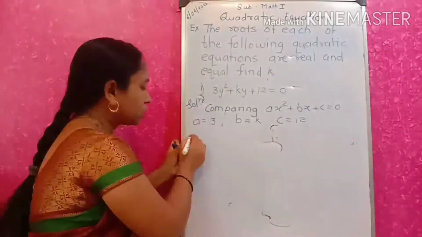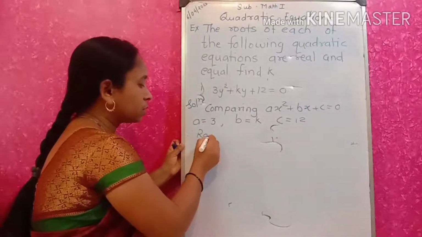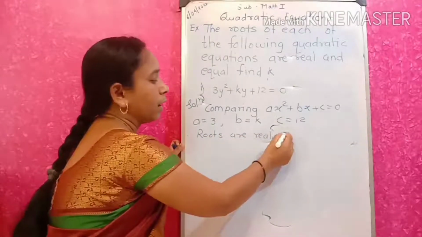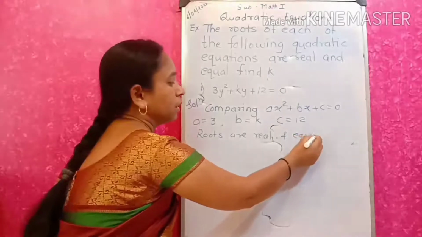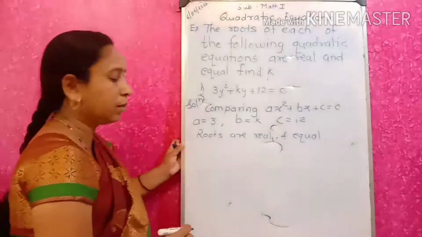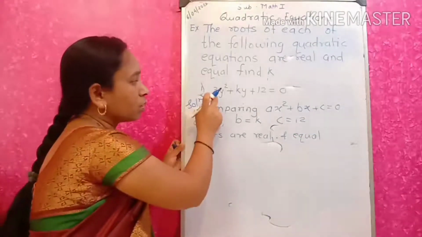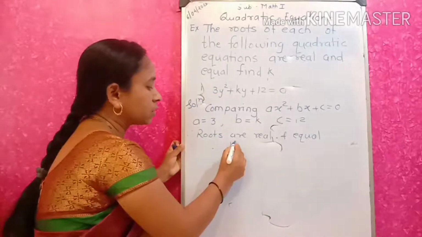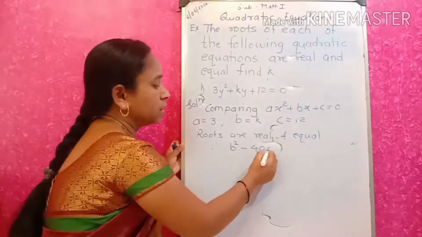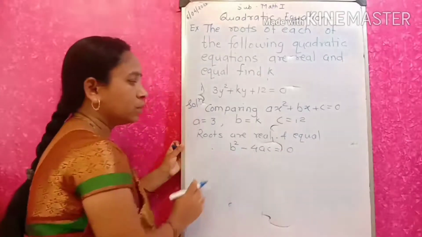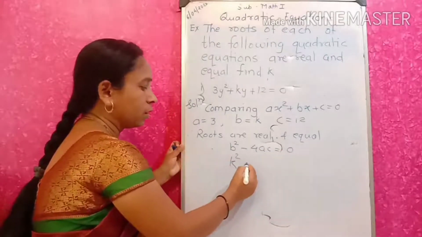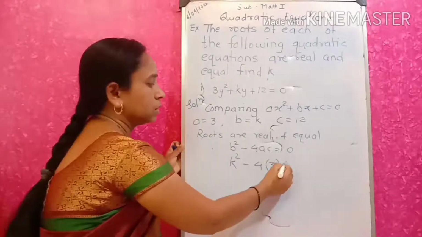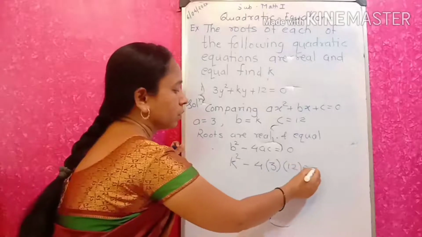What is given? The roots are real and equal. If they are real and equal, therefore their discriminant must be 0. Therefore b square minus 4ac is equal to 0. What is b square? k square minus 4 into a is 3, c is 12, is equal to 0.